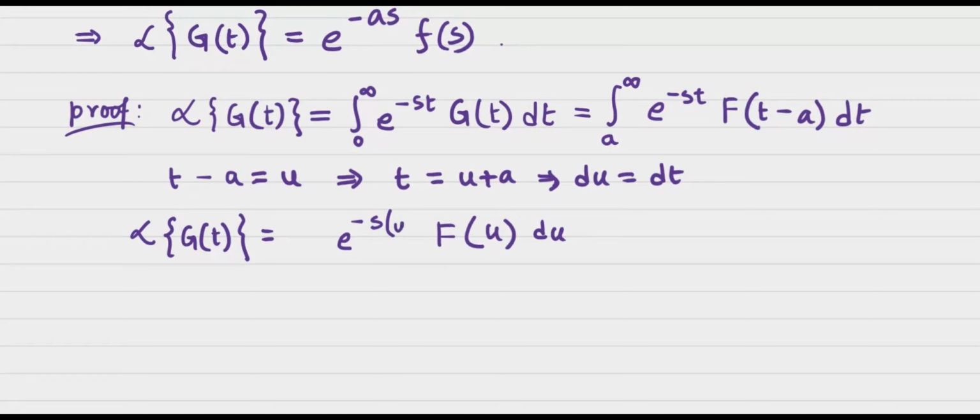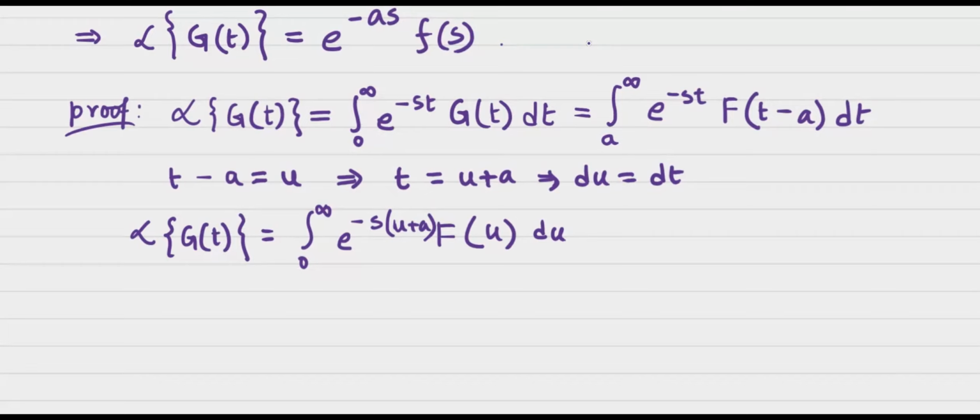We find u plus a. Alright, so that's where we have substituted t. And u, of course, runs from 0 to infinity, unlike t, which runs from a to infinity. And this is the integration for Laplace transform, except the dummy variable has changed.